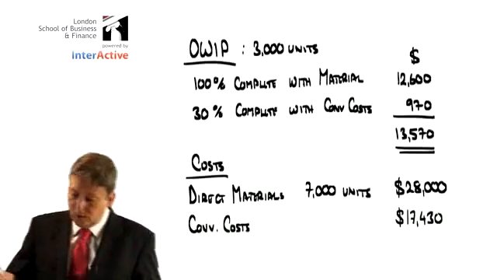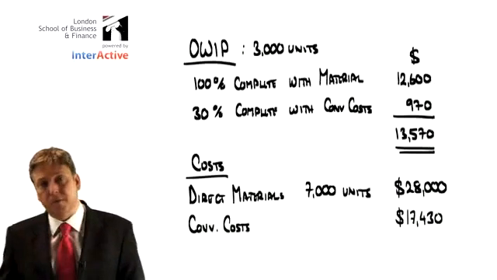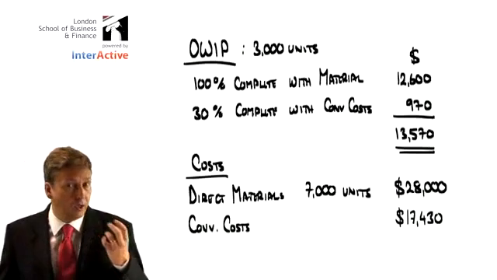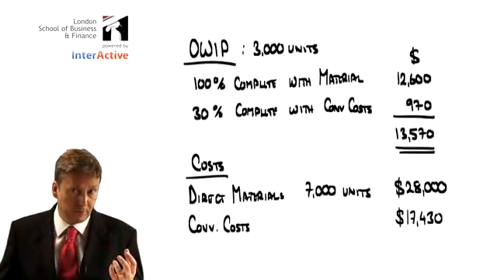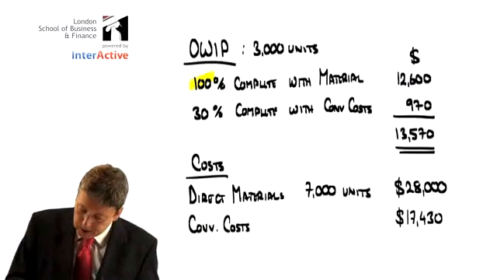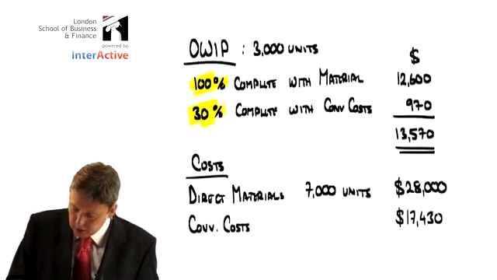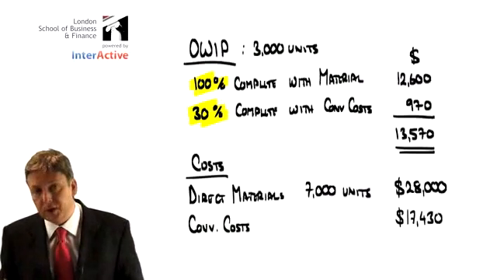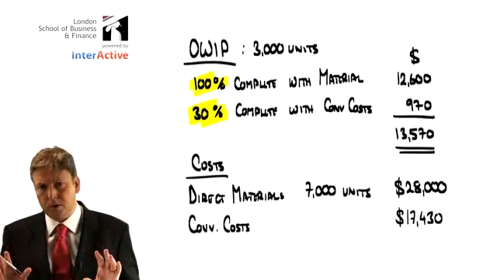When we looked at OWIP, what is the critical piece of information that we need when we are using the average method? Well, what we could say is that the information associated with the percentage degree of completion is not important.